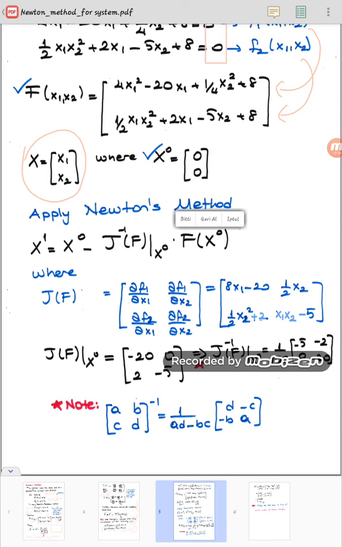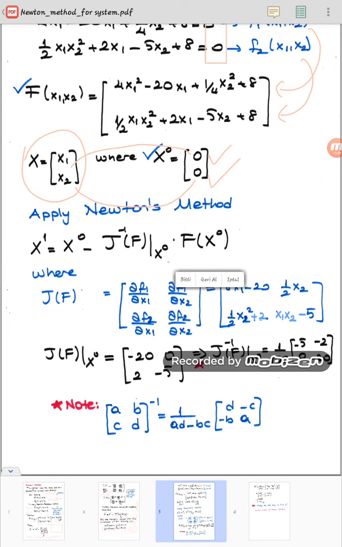So we know that it is already given to us as the 0 vector whose components are 0 and 0, corresponding to the 0th iteration of x1 and the 0th iteration of x2. Now we have applied our Newton's method, which is given in that form: xk plus 1 equals xk minus Jacobian inverse at xk point times f of xk.